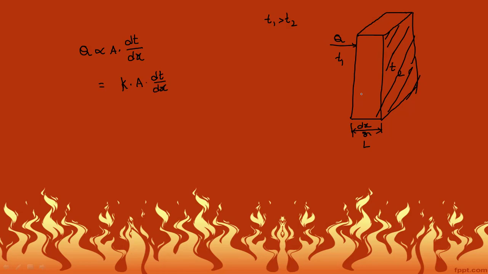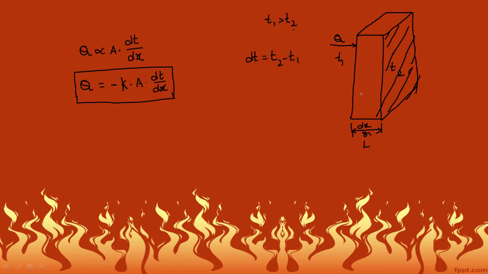But here dT is nothing but T2 minus T1, and as T2 is less than T1, this difference will give us a negative value. So in order to make this heat transfer rate positive, we put a minus sign in front. This is the equation that we get from Fourier's law of heat conduction.